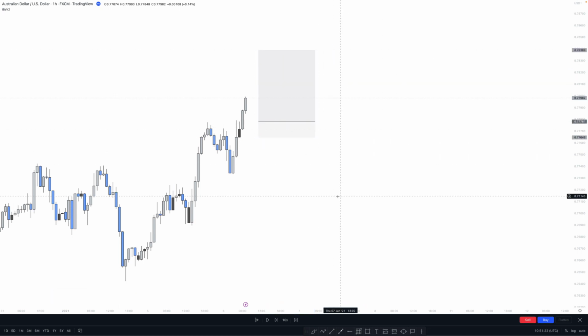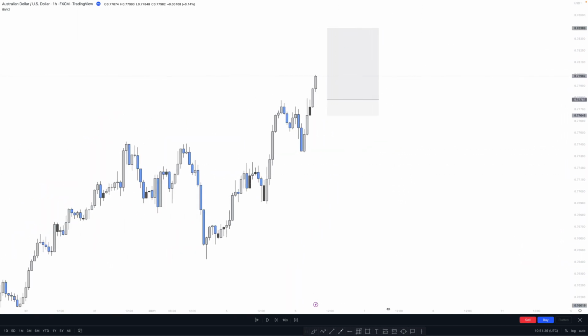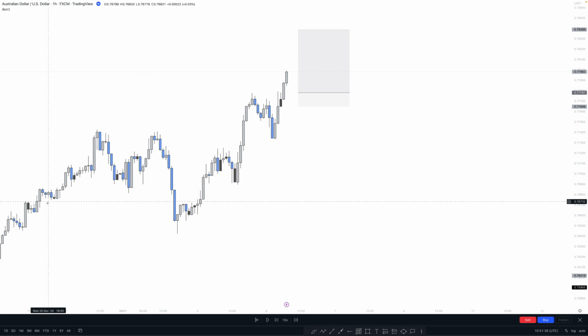So let's see. Looking at this price action right now, as you guys can see, we have this bigger trend going on AUD/USD, that price is clearly showing us that it's pushing higher. So we had a little bit of a fake move to the downside that trapped a lot of traders into selling here, and price action just shows us that it wants to trend to the upside.